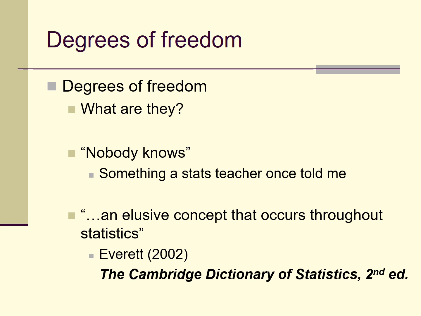What they are is an elusive concept that occurs throughout statistics, and this definition, if you want to call it that, comes from the Cambridge Dictionary of Statistics, 2nd edition. I'm putting both these up here to have a little bit of fun with the idea, but also to highlight that it is a tricky concept that almost any student who's had any experience with statistics is familiar with. Like, yeah, I've heard that phrase before, but many students, and many professors for that matter, might struggle to define or describe it.